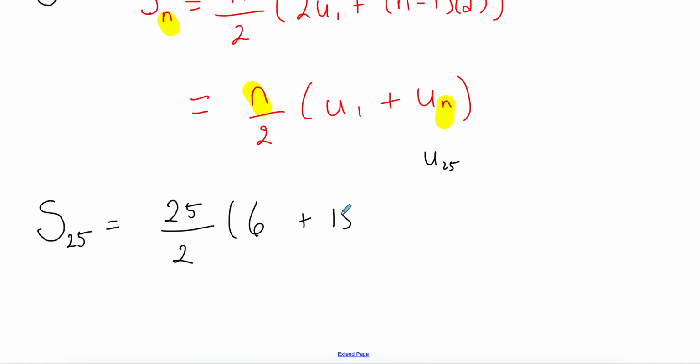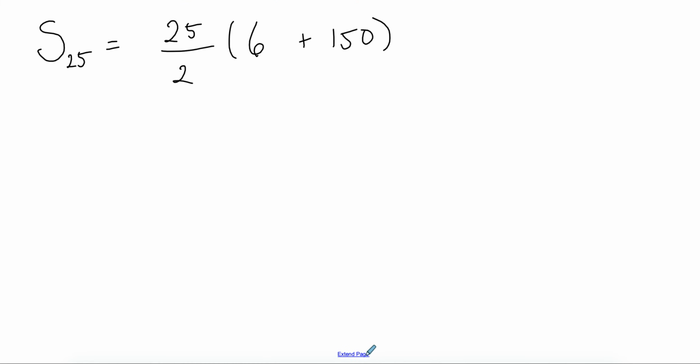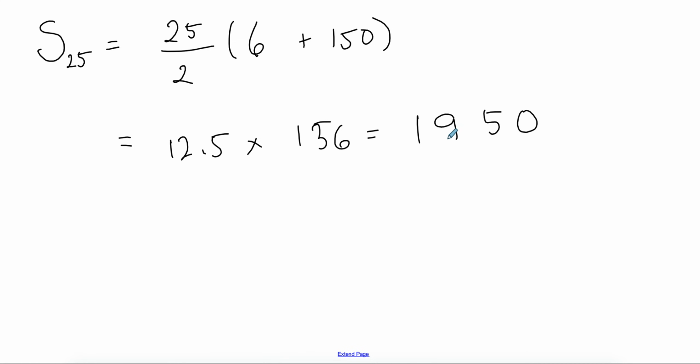You'll notice that a lot of the questions would ask you to find the term, and then they'd ask you to find the sum of the terms. So we add the numbers together, we get 156 in the bracket, and then we get 12.5 times 156, and the answer is 1950. You should get a whole number because you're adding whole numbers in here, unless you're adding decimals.